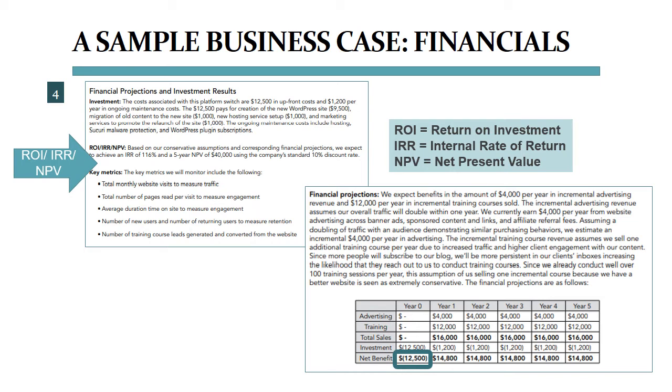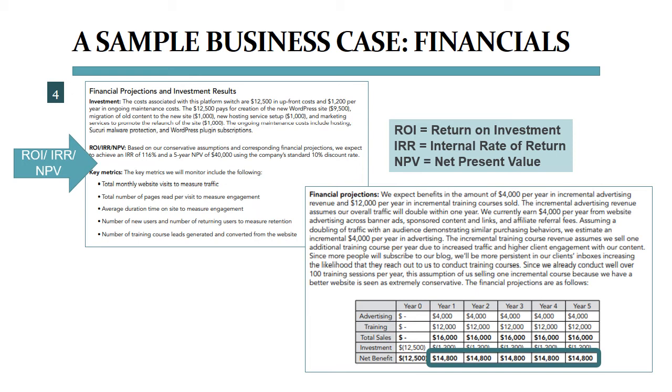However, this project that is costing the company $12,500 is going to generate a positive cash flow of $16,000 per year over the next 5 years. To make this cash flow happen each year, the company has to invest $1,200 so that the final net benefit is $14,800 per year. That's $74,000 over the next 5 years.